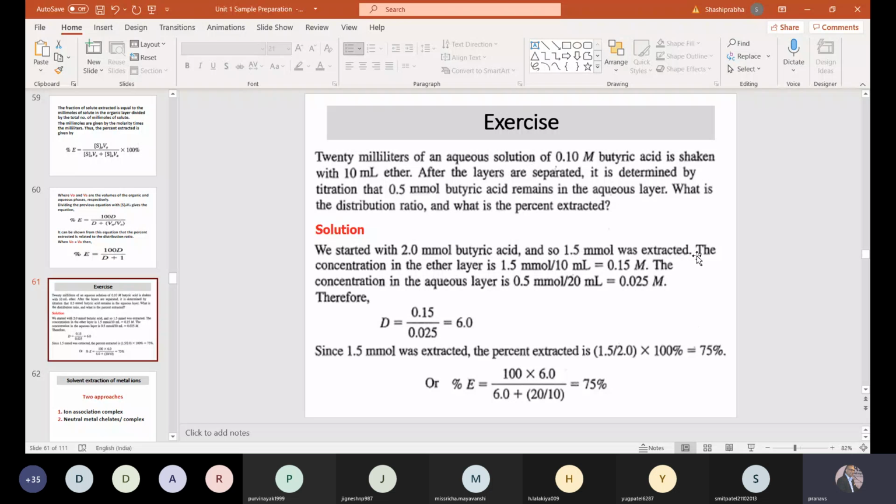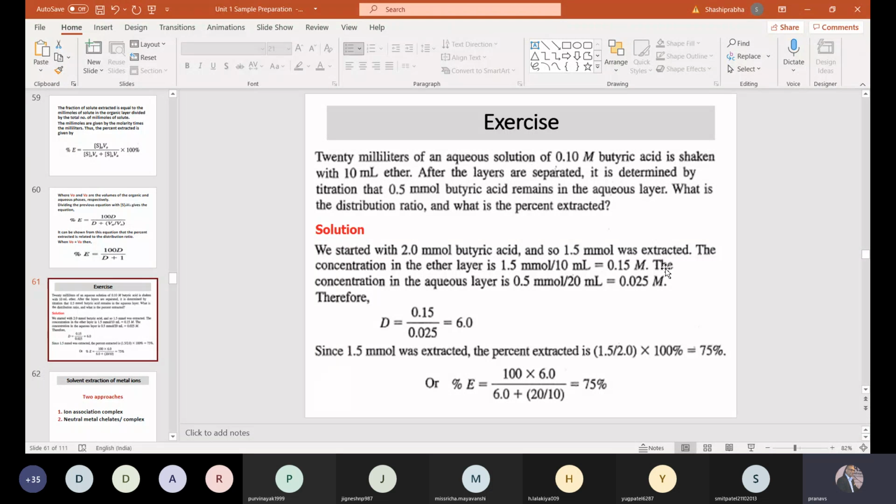So the concentration in the ether layer, which is 10 ml, is what we need, because when we calculate D, it is an equilibrium constant. Percent extraction is not an equilibrium constant. To find the D value, 1.5 millimoles were extracted into 10 ml of ether, which gives 0.15 molar.